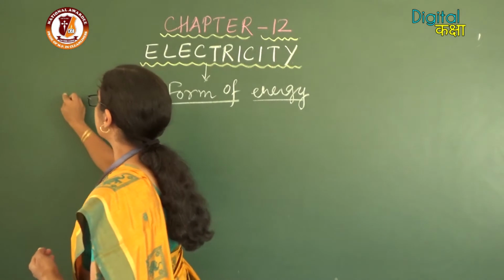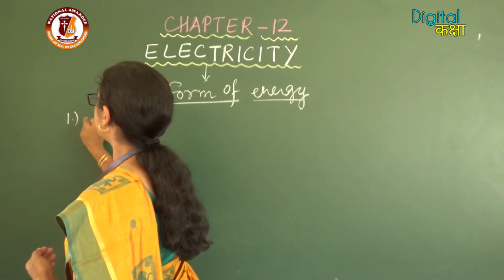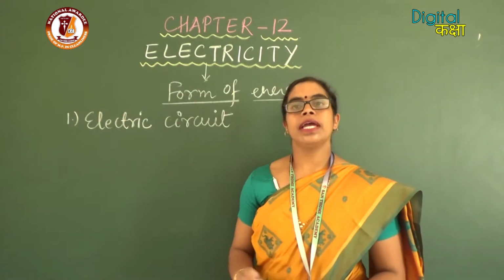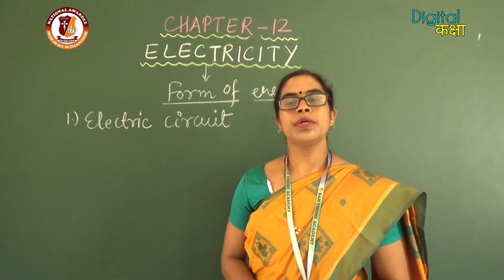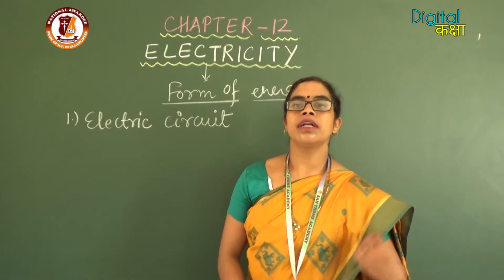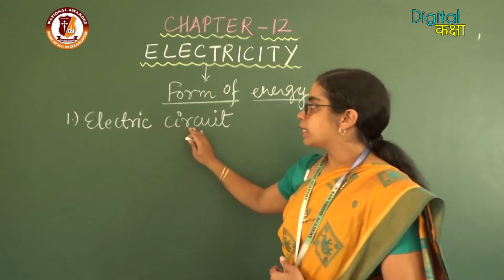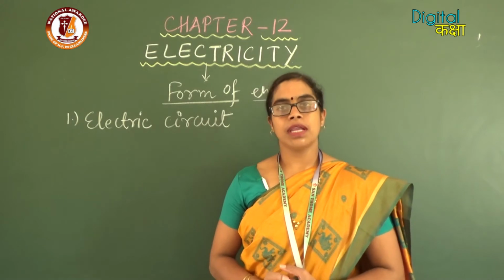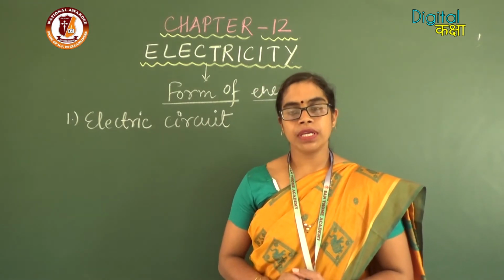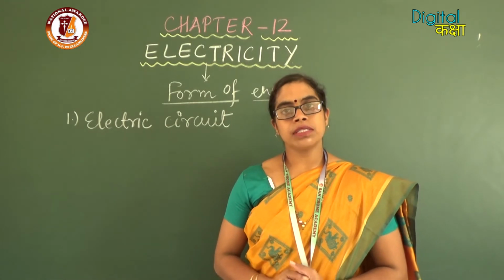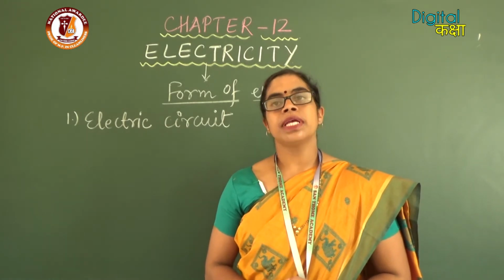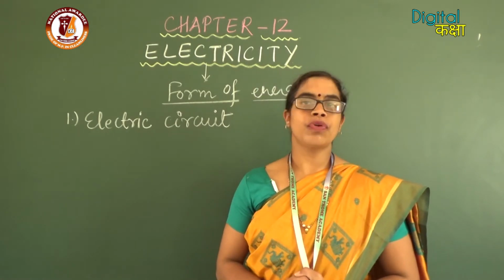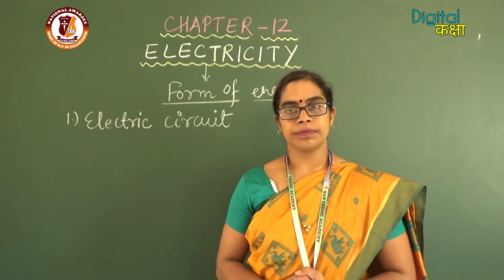So, let us discuss first of all the meaning of the term electric circuit. Electric circuit is a closed and continuous path in which the current flows. This electric circuit comprises several components like the cell, the battery, the key, the connecting wires, the resistors, the bulb, etc. A list of components is shown for you on the screen.